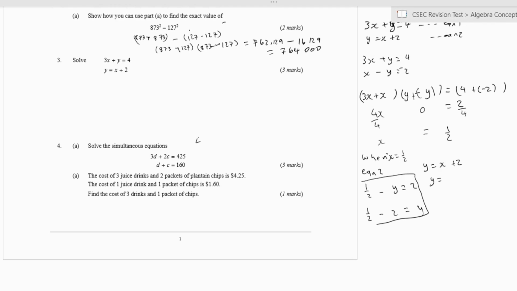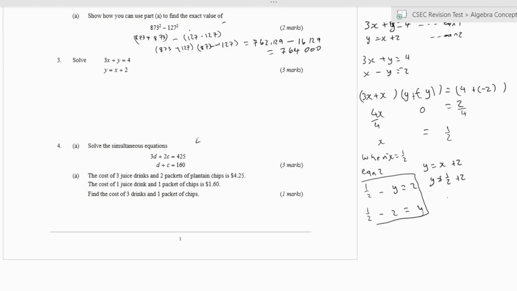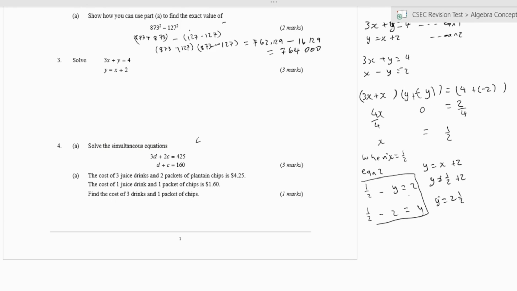So y is equal to a half plus 2, and our y will be equal to 2 and a half. If we add a minus 2 on this side, and we took over the 2, this 2 would become a positive 2, so our y will become 2 and a half.